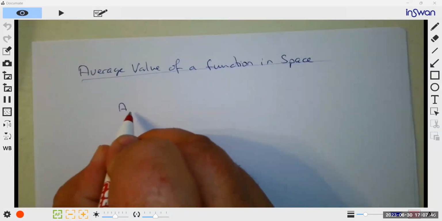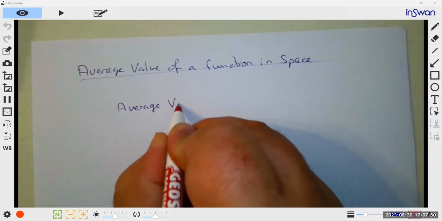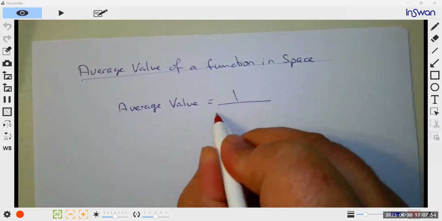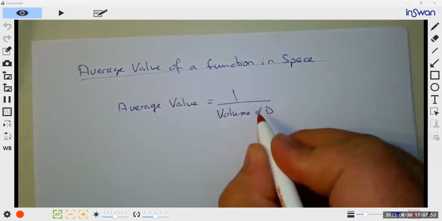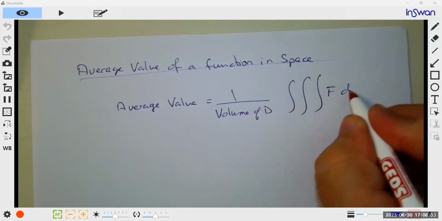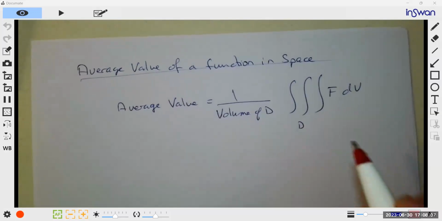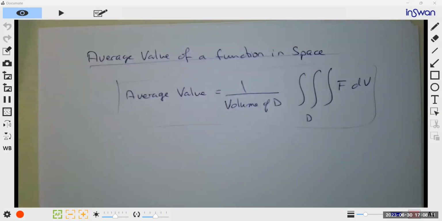The formula we'll be using is 1 over the volume of D, times the triple integral over D of the function. So that's the formula for the average value.